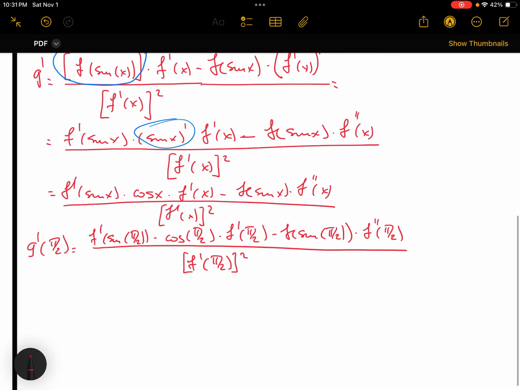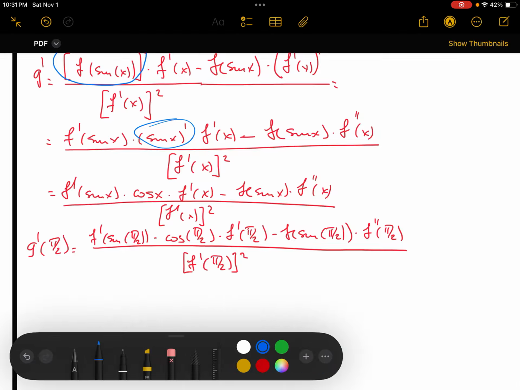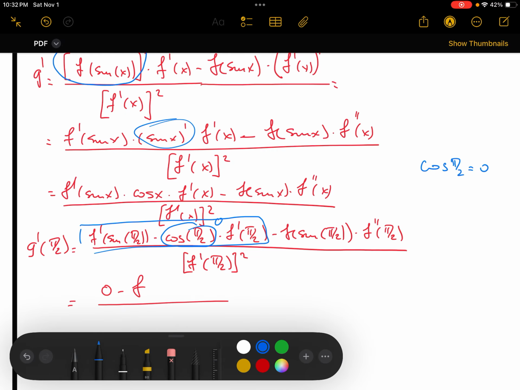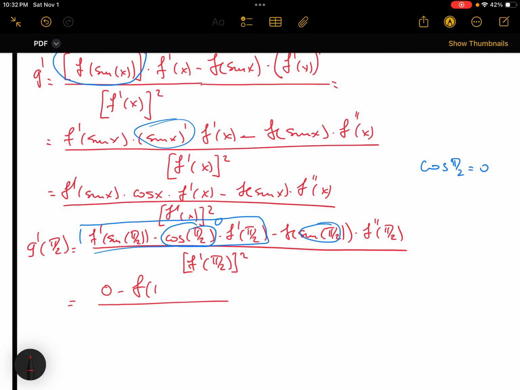And this indeed looks a little bit busy, but if you look at this fact right here, I have cosine of pi over 2, and I know that cosine of pi over 2 is 0. So if this is 0, that's going to make this whole product here 0. And we end up having 0 minus f of sine of pi over 2, which is f of 1, times f double prime at pi over 2 over f prime of pi over 2, and the whole thing squared.